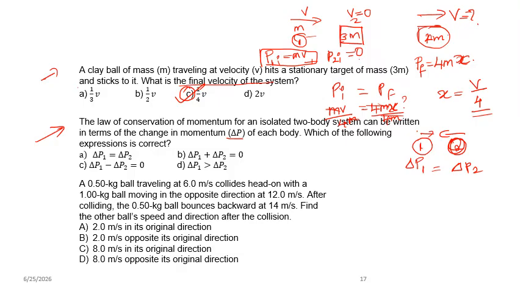Now, according to Newton's third law, the force exerted on this one will be equal to the force exerted on the other. Similarly, if forces are equal, then their change in momentum must be equal in magnitude but opposite in direction. So delta P1 is equal to minus delta P2.